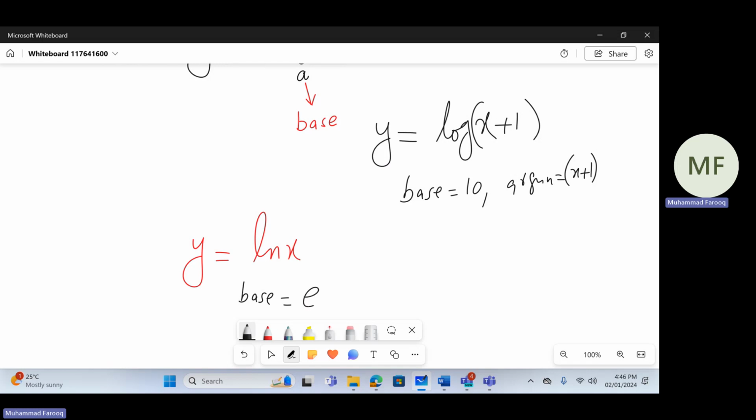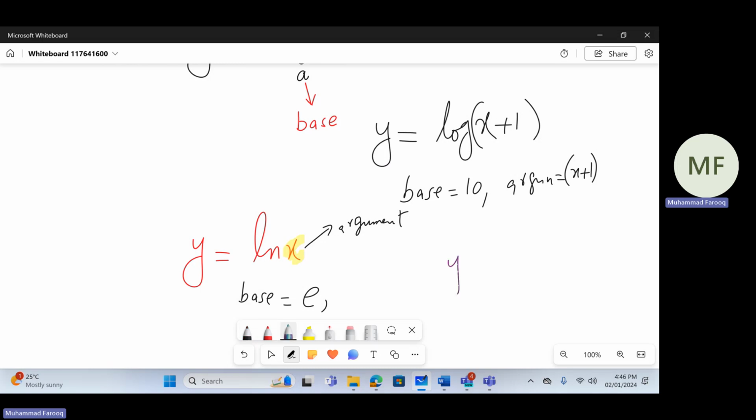Natural log is that log whose base is e. And the argument here is x. Do you understand the structure of ln(x), please?